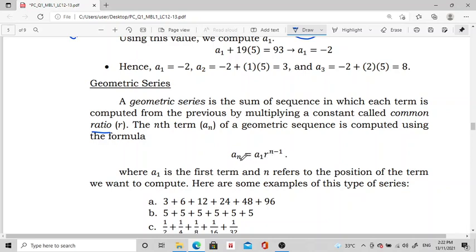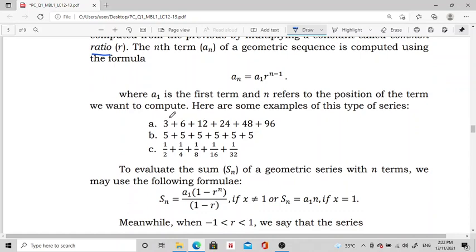So, si a sub n nako-compute by multiplying the first term by the ratio raised to yung position minus 1. Position ng term minus 1. So, A1 is the first term. And then N refers to the position.